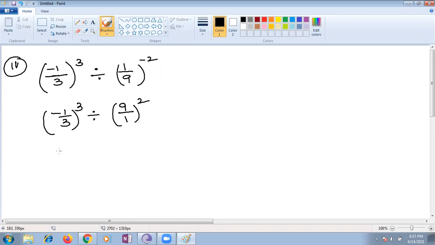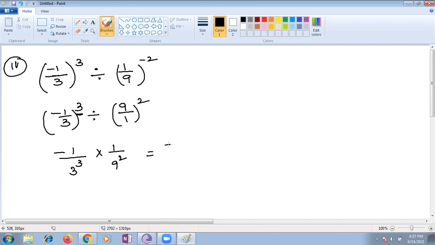This can be written as minus 1 by 3 cubed. You take it as negative since 3 is an odd number, so you get a negative sign. Then the reciprocal gives 1 by 9 square.